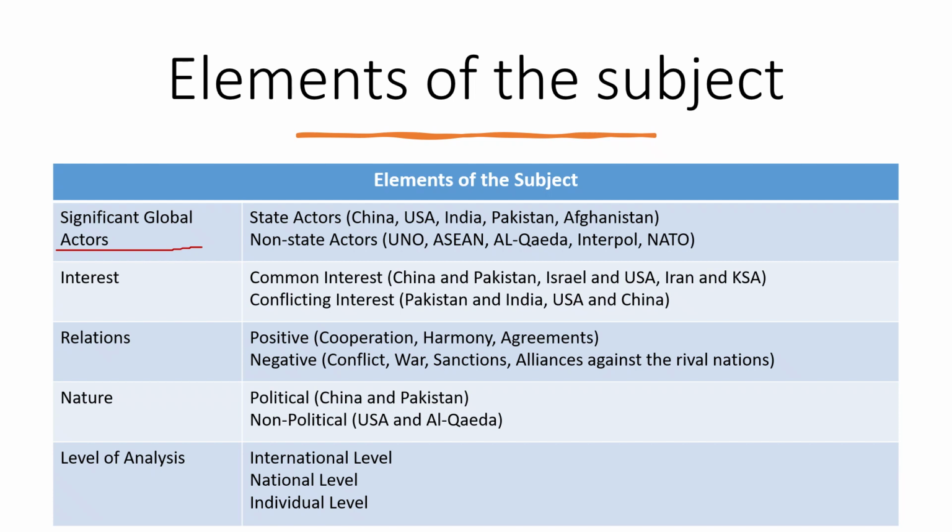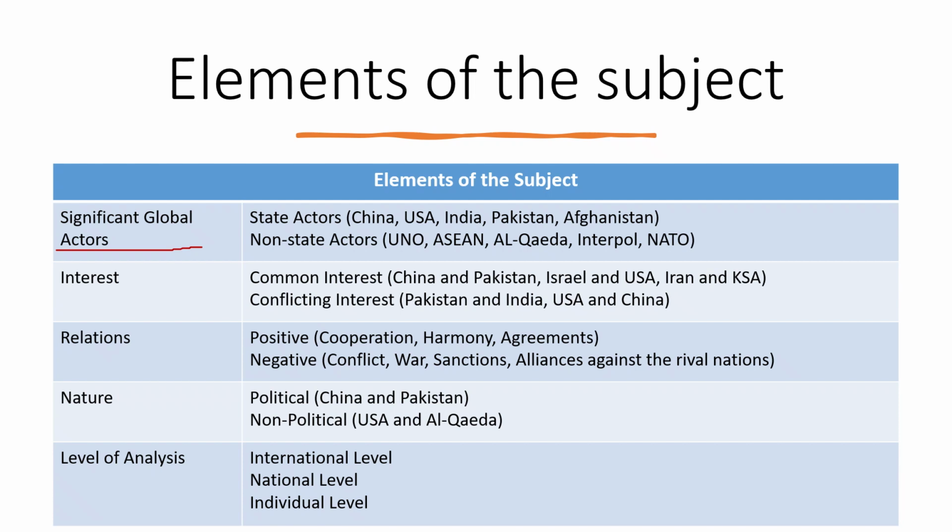Well, it's very simple and easy to understand. A global actor is an entity that plays a significant role in all the processes or any process that is happening in the world. That is a global actor.